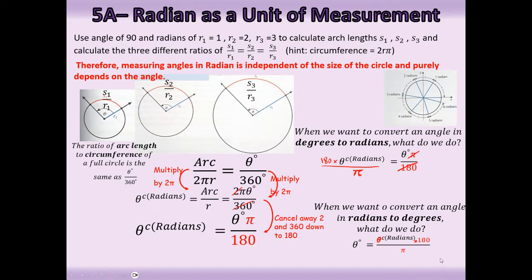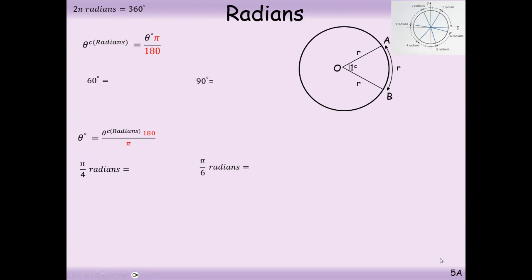Alright, so let's look at some examples here. We are asked to convert 60 degrees into radians. Even if you don't have that equation on top of the page, you take 60 degrees, multiply by pi, and divide by 180 degrees. It simplifies to 1/3, so the final answer is just pi over 3.